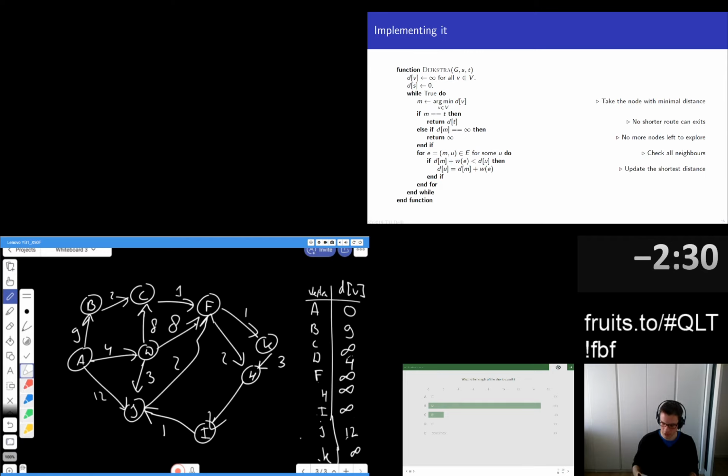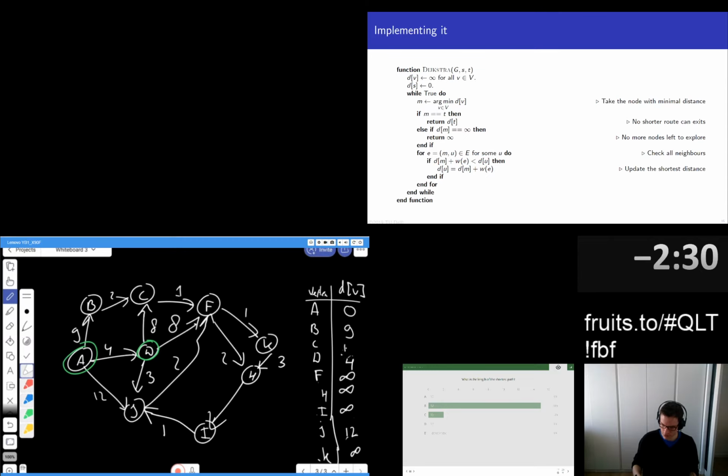Now we take the closest one, right? So we've done this one. The closest one now is D. So we take D. And now we again see, do I need to update any of its neighbors? Well, to C, I have now found the path of 4 plus 8, so the distance to D plus our edge 8. That's 12. That is an improvement over infinity.